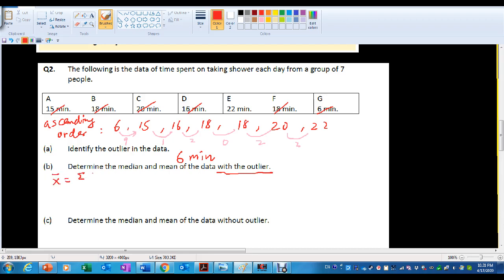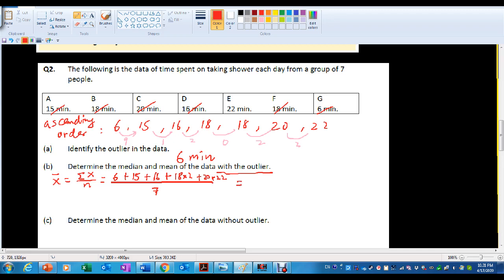Again, you need to add all the data divided by the number of data. This time there are 7 data: 6, 15, 16, 2 times 18, plus 20 plus 22.